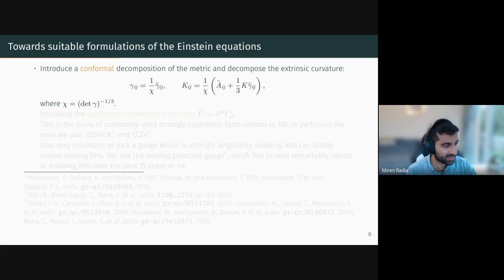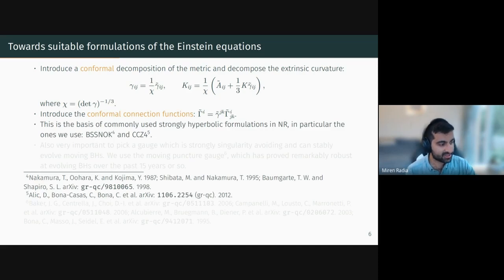The conformal metric, gamma tilde, remains well behaved because chi removes the blowing up of the physical metric. Furthermore, we introduce the conformal connection functions, the Gamma tilde, which is just a contraction of the Christoffel symbols with respect to the conformal metric.